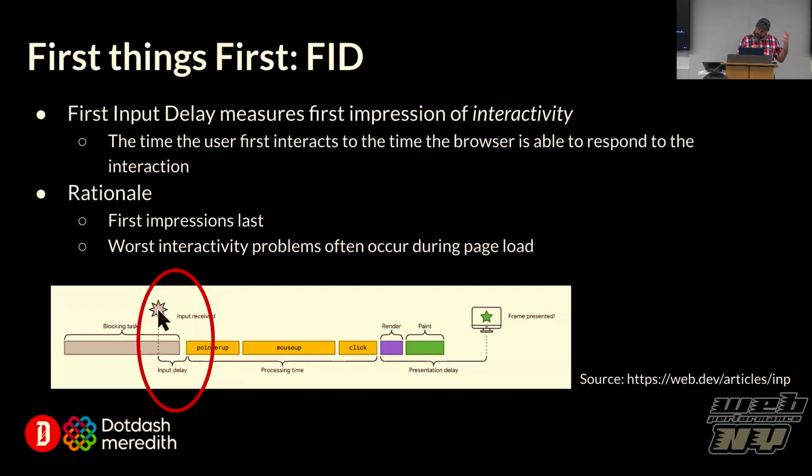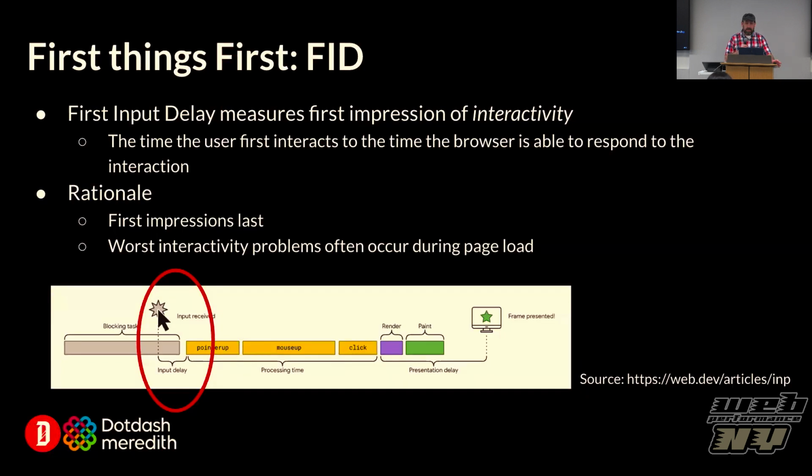And what's the rationale for this? Well, first impressions last. First impressions matter. It gives the user a sense of what else is going to be happening on the page and how their experience is going to go henceforth.